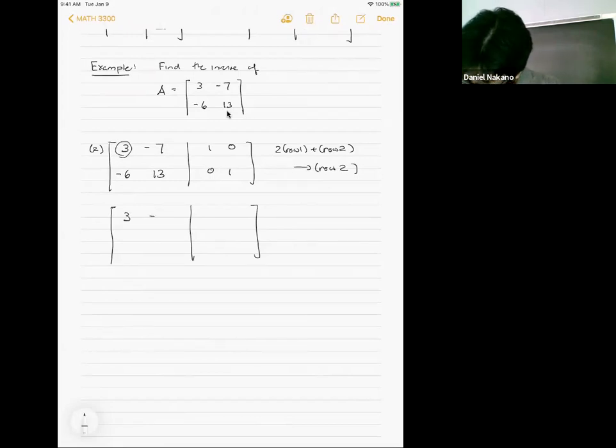So 3, minus 7, 1, 0. I get a 0 here. So I get minus 14 plus 13, that's a minus 1. And then I get 2 plus 0, that's going to be 2. And then I get 2 times 0 plus 1, and that's a 1. Okay, is everyone all right with that so far? Yes.